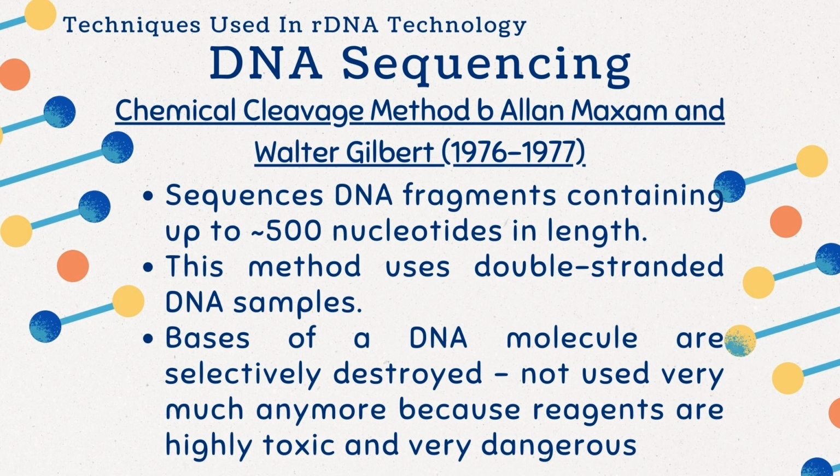In this particular method, only short fragments containing up to 500 nucleotides lamang can be studied at once, no? Yung double-stranded DNA samples, ni-require niya para ma-provide yung two complementary strands for analysis.